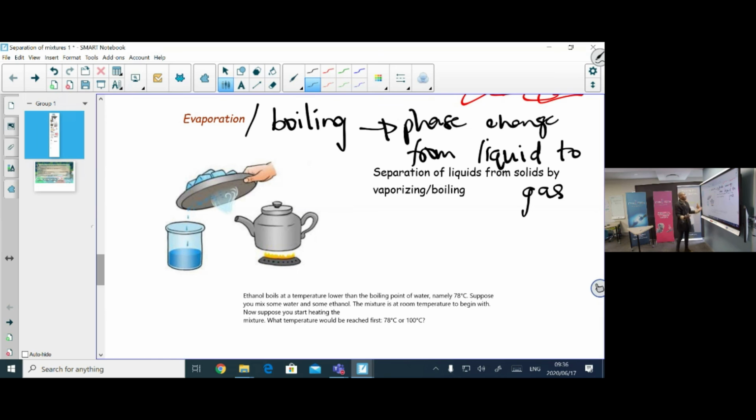But how does that help us separate materials? So think of it this way. If you are having two liquids in a mixture, and the liquids have different boiling points. You remember we discussed boiling points when we were discussing phase change, and we namely focused on water.